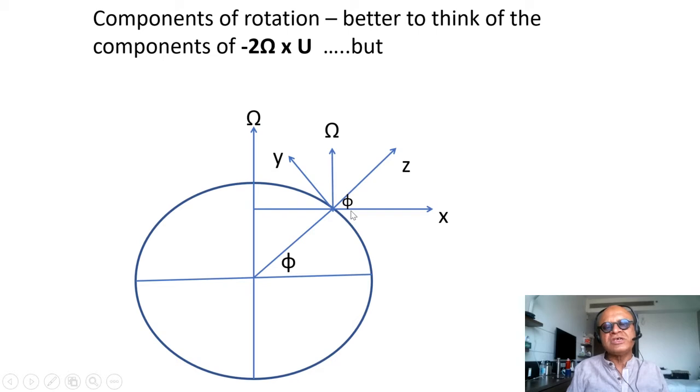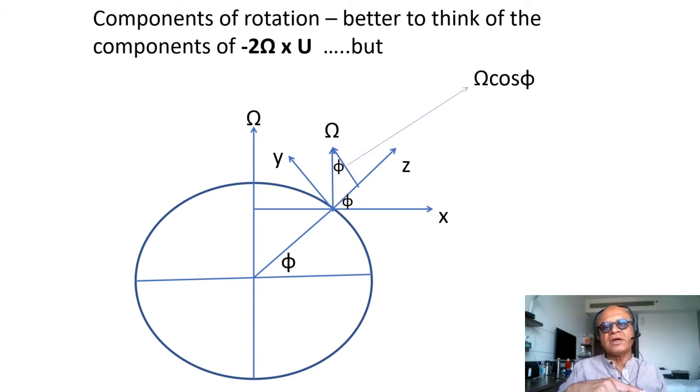So you want to see what is the projection of omega locally in the three directions, the longitudinal, latitudinal, and vertical directions. So you can split omega into the meridional direction, vertical direction, and the longitudinal direction. So omega cosine phi is parallel to meridional direction.